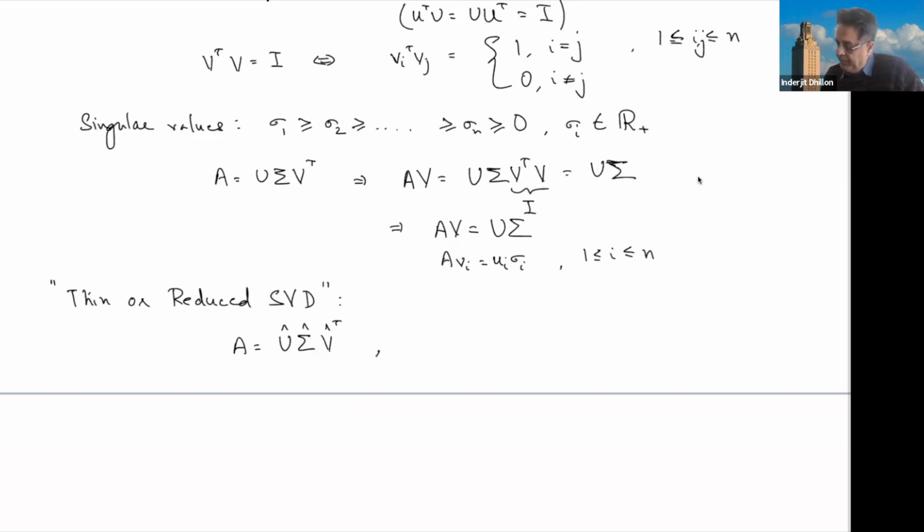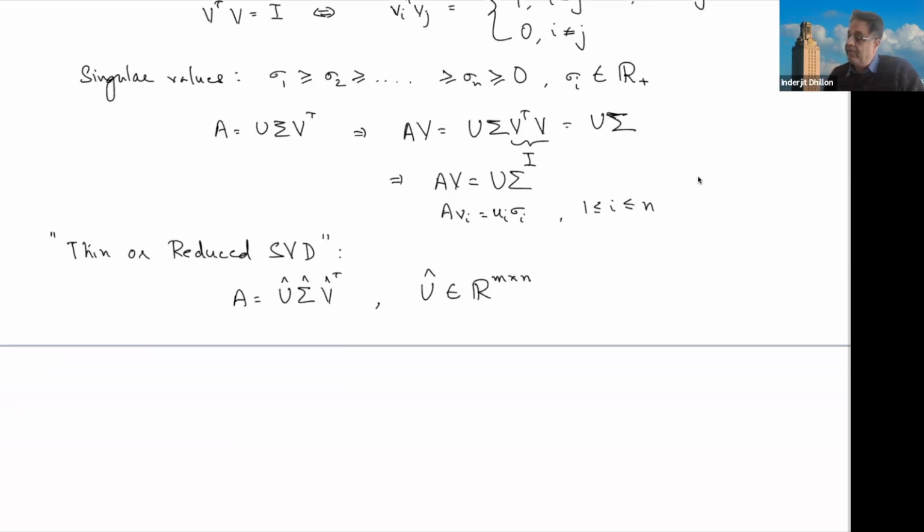In this case, U hat belongs to m by n. So U hat is actually a rectangular matrix. It's still orthogonal because U hat transpose U hat is the identity. Sigma hat is now a square matrix, n by n.